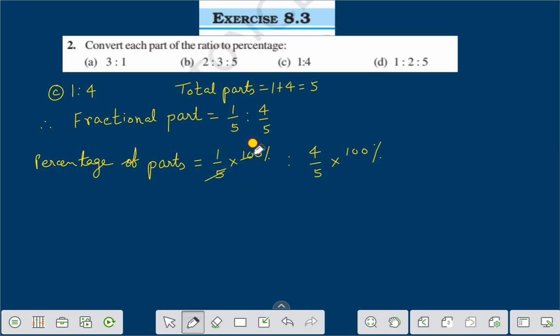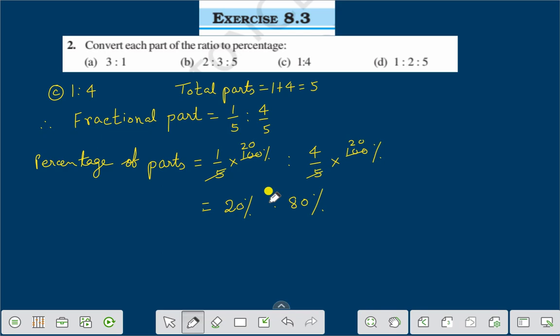Now 5 twos are 10, this is 0, and here also 5 twos are 10, that is 0. That is 1 into 20 is equal to 20%. 20% is to 4 twos are 8, 0. 20% is to 80%, right?